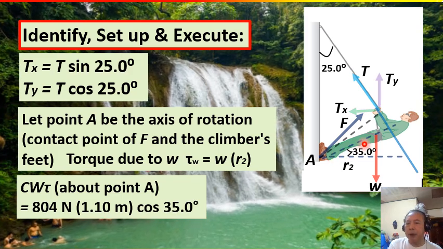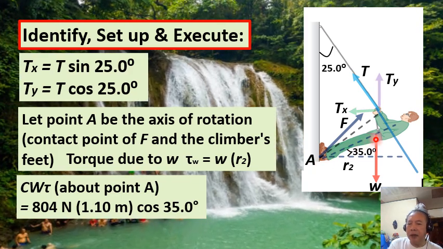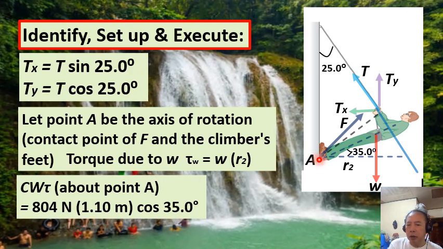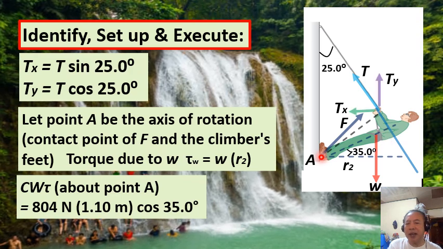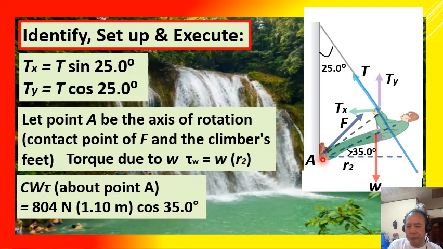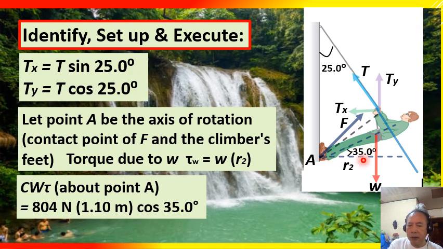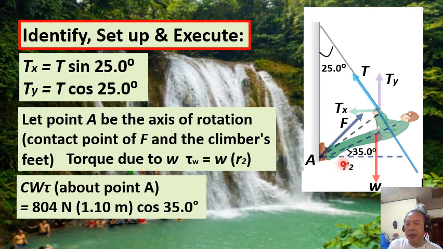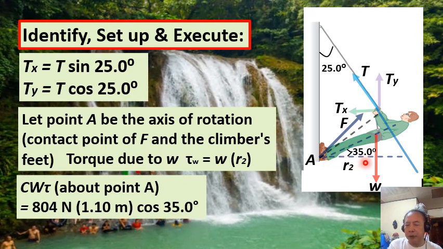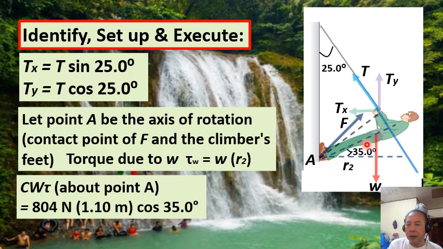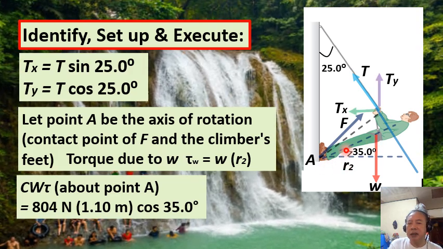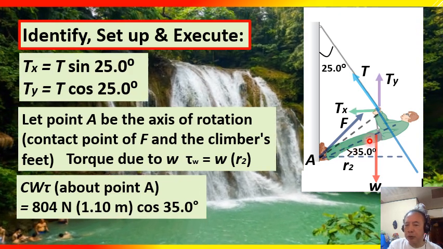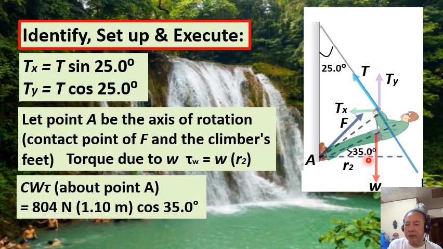1.10 meters is given in the problem as the distance from the center of gravity of the climber to his feet, which we have chosen as the axis of rotation, all right? And in relation to R sub 2, we can say that R sub 2, which is the adjacent side of the angle 35.0 degrees, while the distance 1.10 meters happens to be the hypotenuse of the imaginary right triangle.